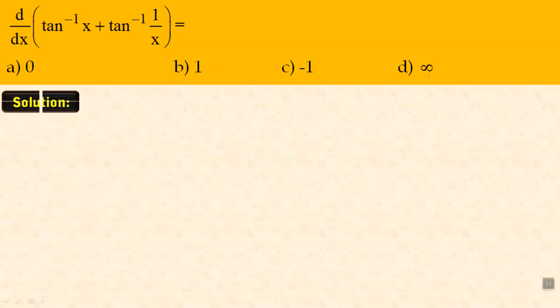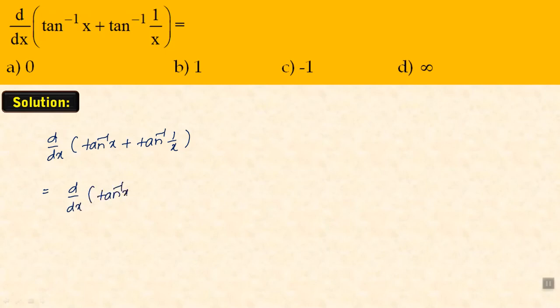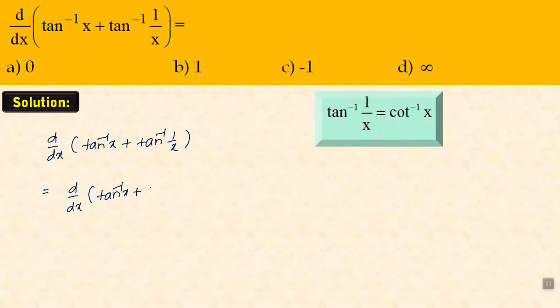Let us find this. D by dx of tan inverse x plus tan inverse 1 by x is equals to d by dx of tan inverse x plus cot inverse x.